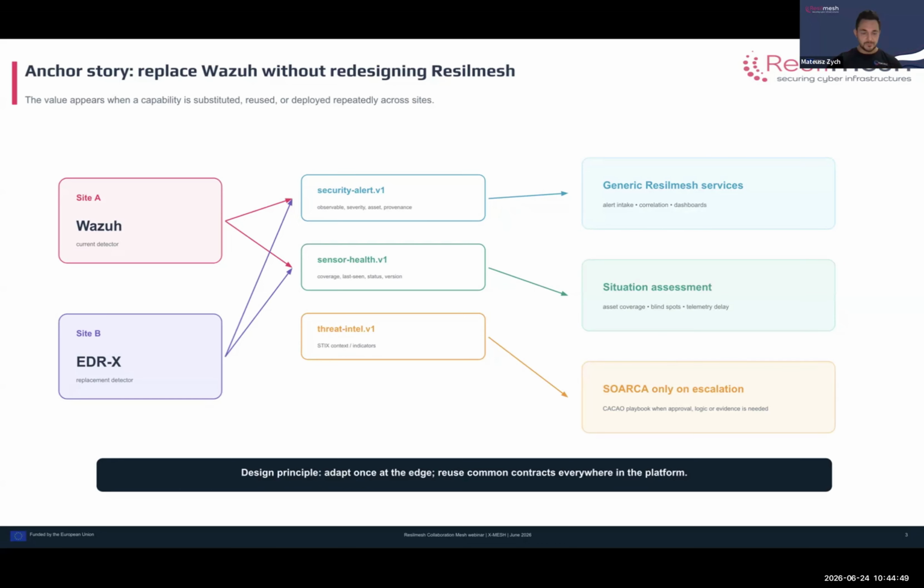So for example, when you have your generic Resilmesh services, you expect, for example, that some service will send to you a security alert, right? So right now, we can have in one organization Wazuh that is going to be connected to our tool to send this topic with this data inside. Whereas in organization 2, they are not using Wazuh.